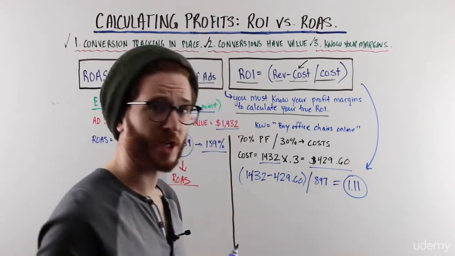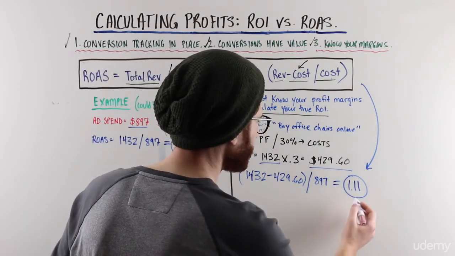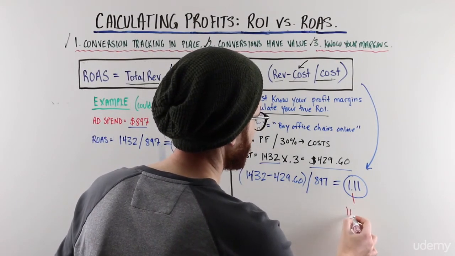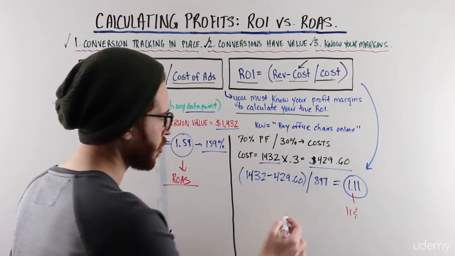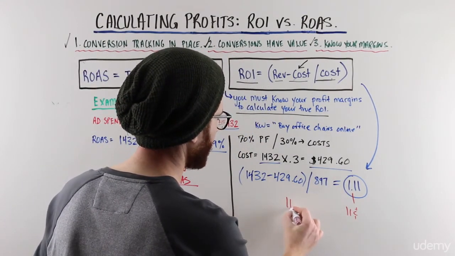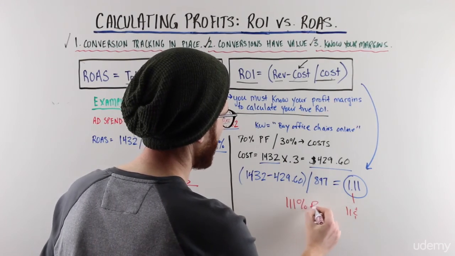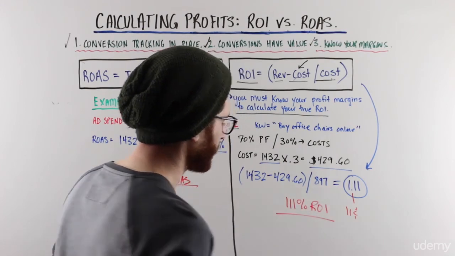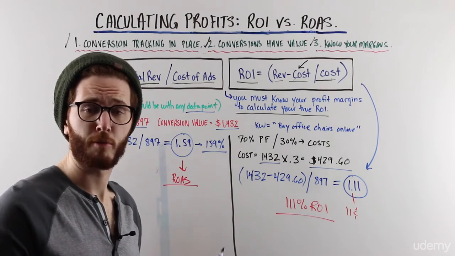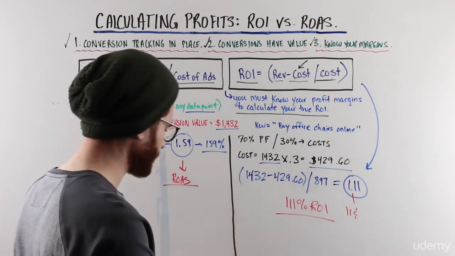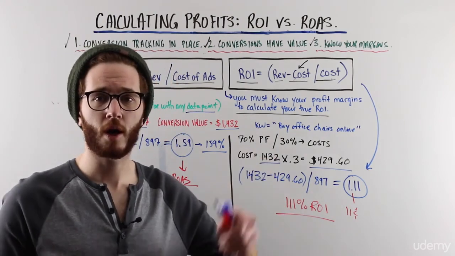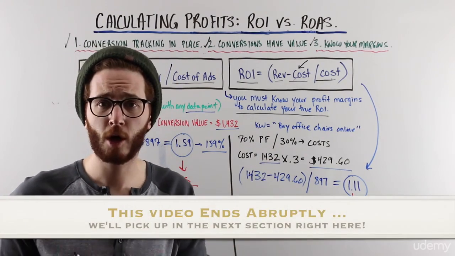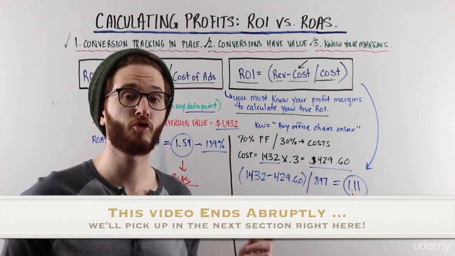But in fact, once you take your costs into account, you're only making 11 cents on the dollar, or you could also write it as 111% ROI, which is still good, right? You're still profitable. As long as it's above 100%, that's something which is very important for you guys to know. As long as your ROI is above 100, you're making money. If it's exactly 100, you're breaking even. If it's below 100, you're losing money.